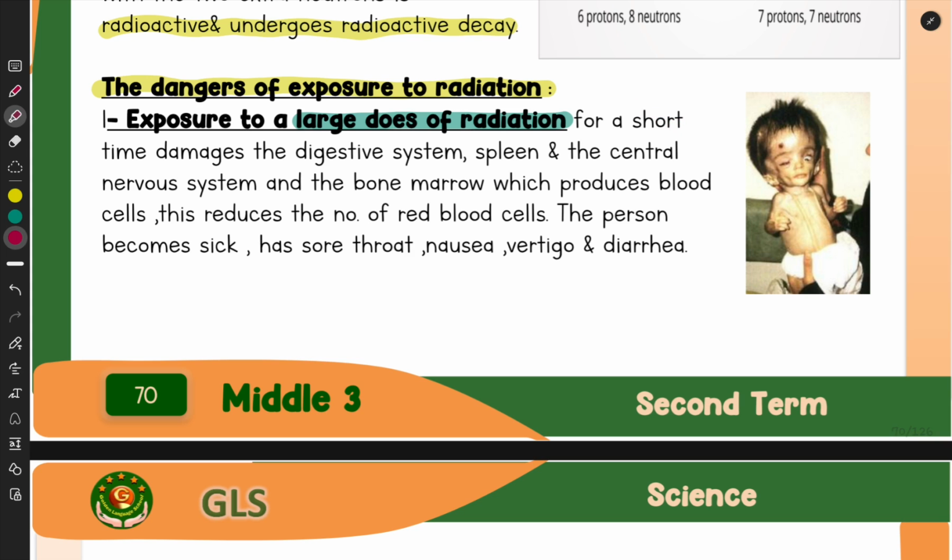This damages the digestive system, the spleen, and the central nervous system, and the bone marrow, which produces the blood cells, is also damaged. This reduces the number of red blood cells. The person becomes sick and has sore throat, nausea, vertigo, and diarrhea.